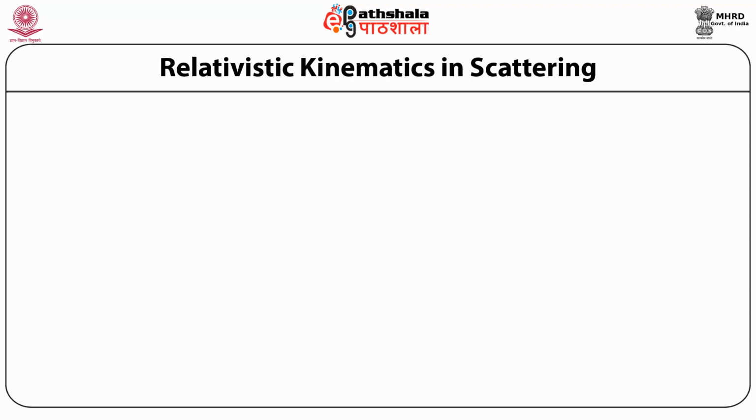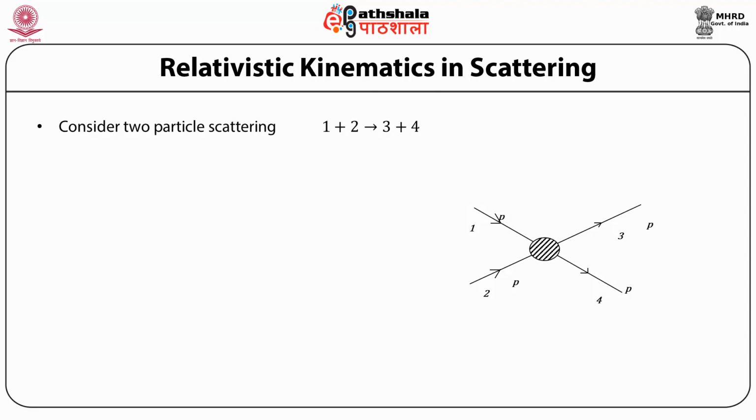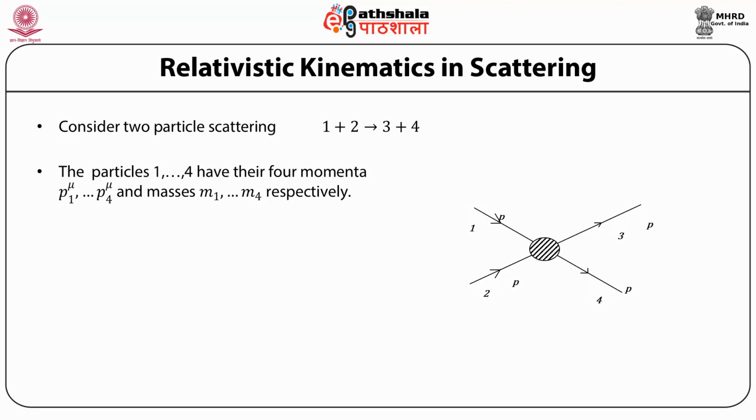Let us now discuss the relativistic kinematics in scattering. We consider two-particle scattering where 1 + 2 gives 3 + 4. So, the particles 1, 2, 3, 4 have the four-momenta p1^μ, p2^μ, p3^μ and p4^μ, and the corresponding masses are m1, m2, m3, m4 respectively.